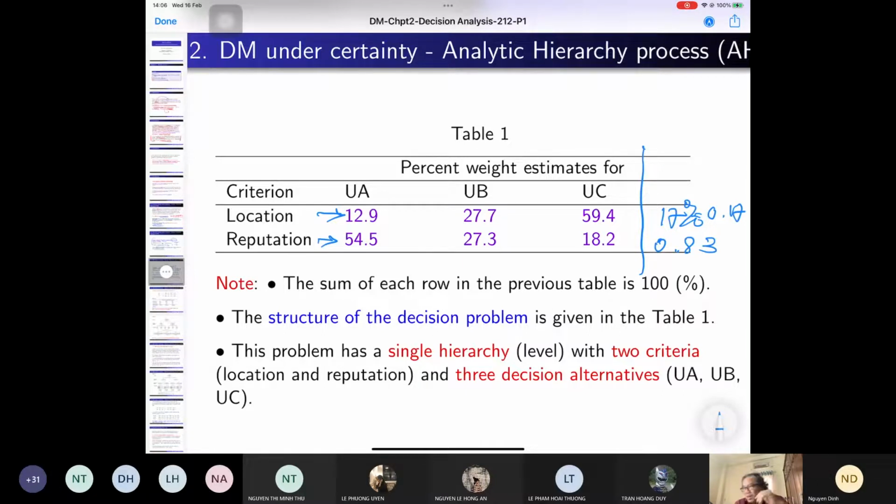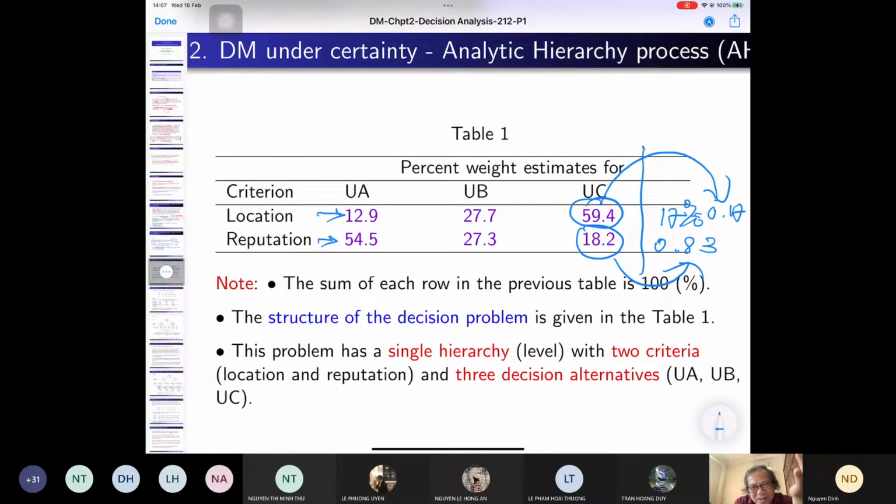High point, for example, the UC. The location is very high, but the weight at the location is low. The reputation is low, but it is the thing that Martin preferred a lot. So in this case, how can we make a decision?